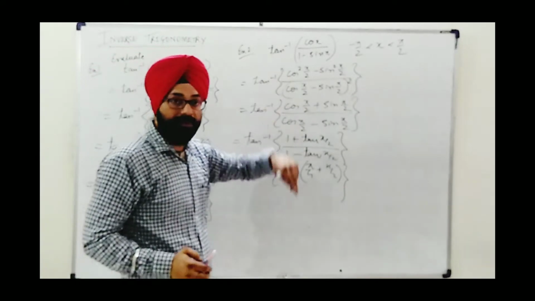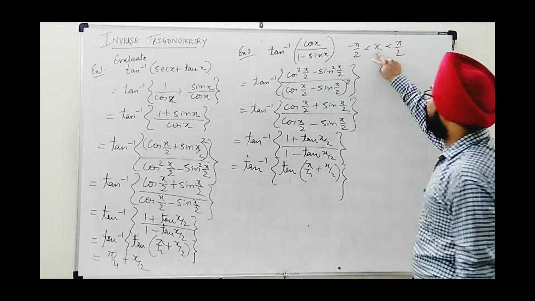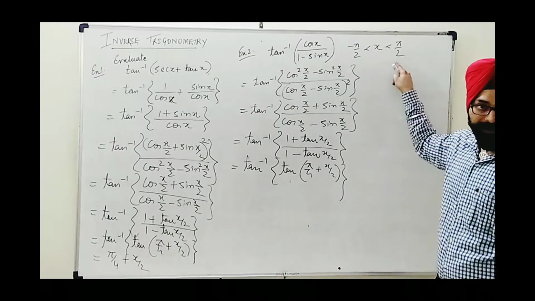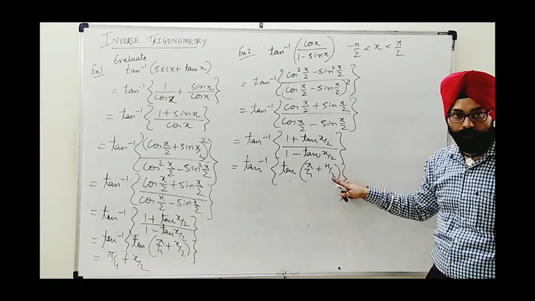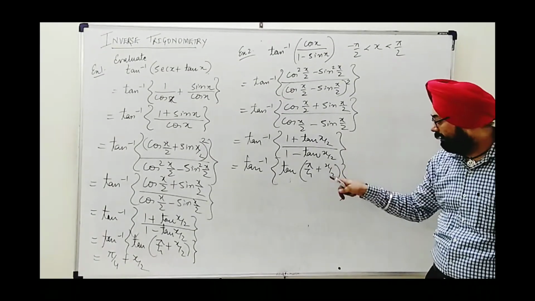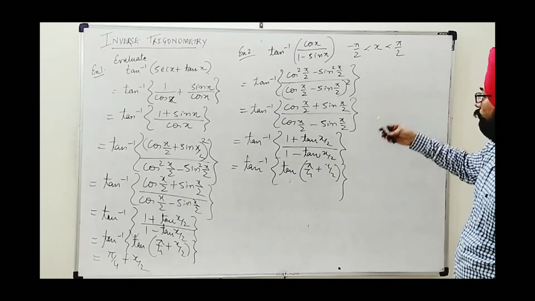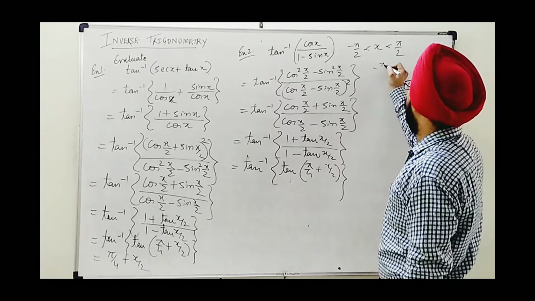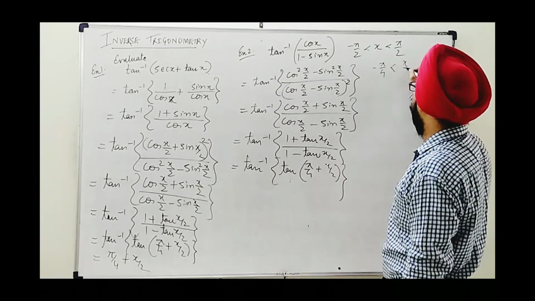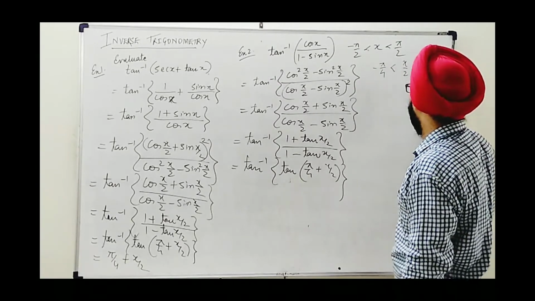We will start with the condition. Since x lies between these two values, we start from the rightmost side. We do not need x, we need x by 2. So in the first step, divide each term by 2. We get minus pi by 4 is less than x by 2 is less than pi by 4.